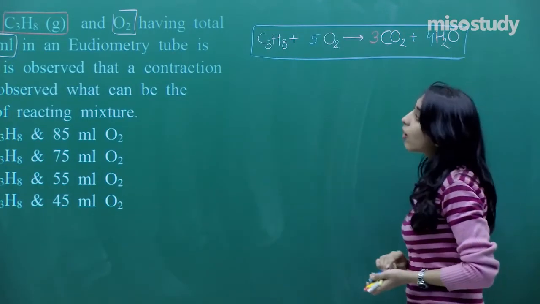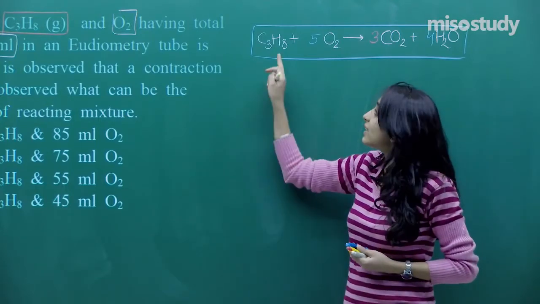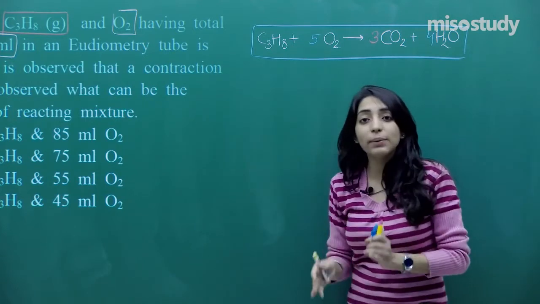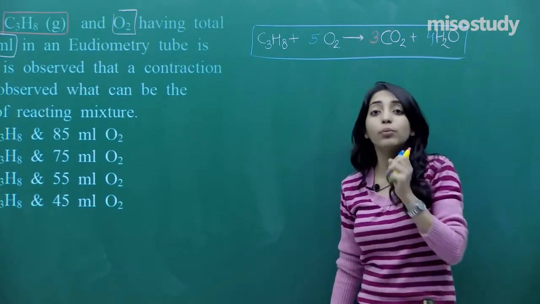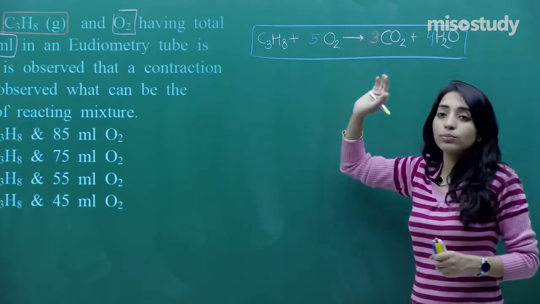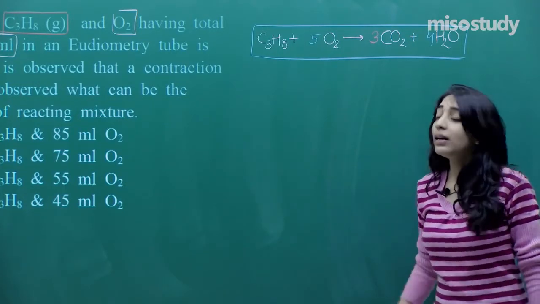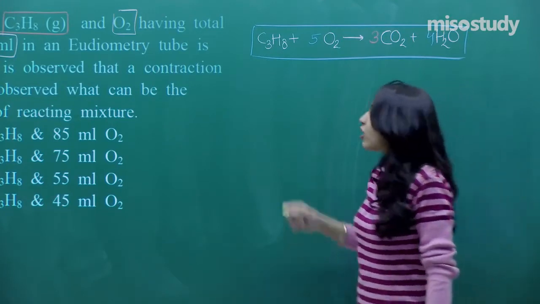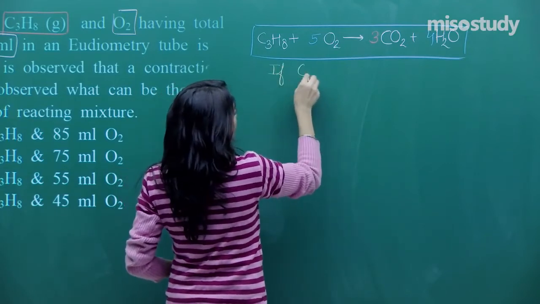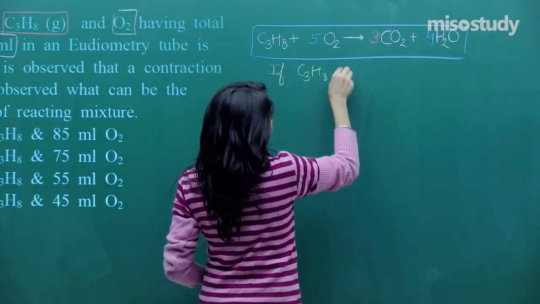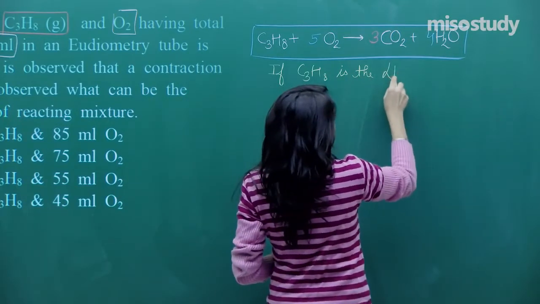Now guys, nothing else is given to me. He is simply saying that you have this and this, and together they make a volume of, let's say, 100 ml. I don't know what is given in more amount, whether this is more or this is more. So can I now just assume that C3H8 is the limiting reagent in the reaction?